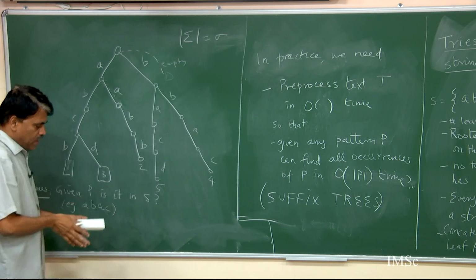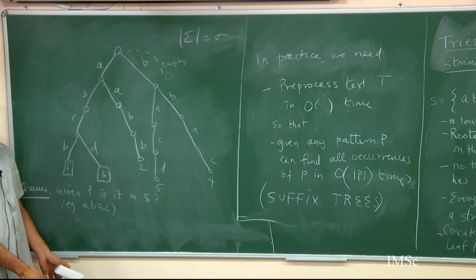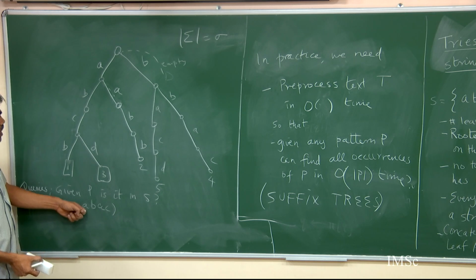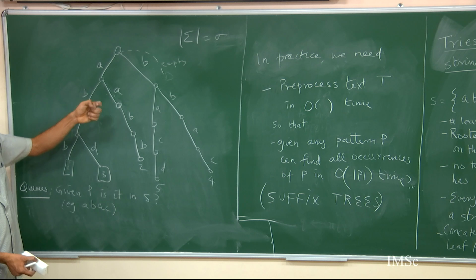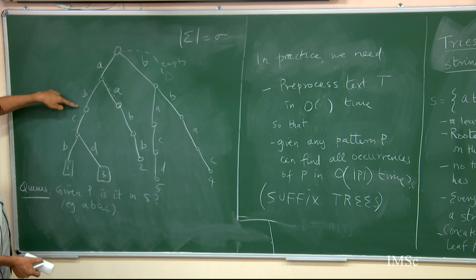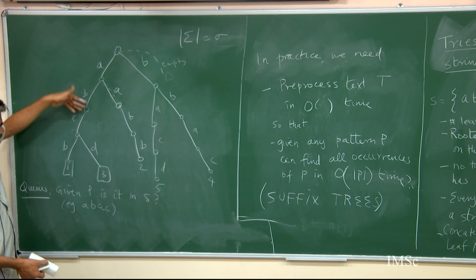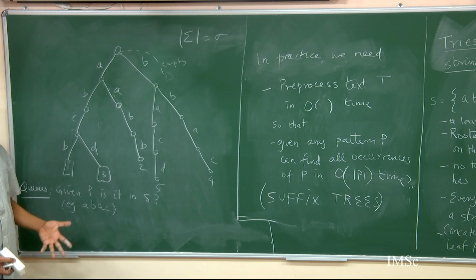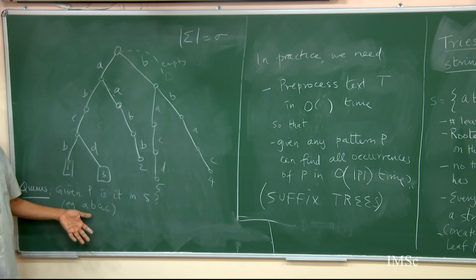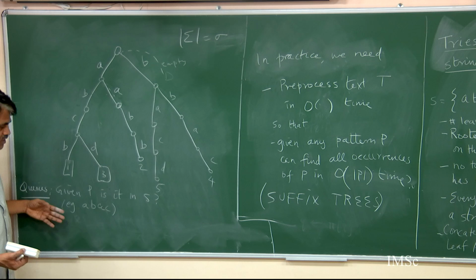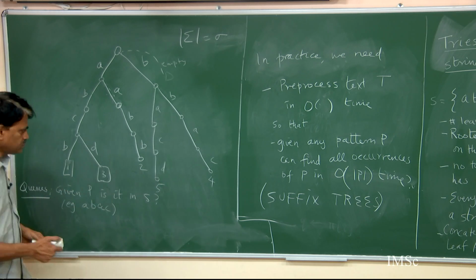Then I should be able to just go to my child labeled A if it is there at all. So I go to child labeled A, and that has a bunch of children. I go to child labeled B, and then that has a bunch of children, but there is no child labeled A. So I know A, B, A, C is not there. And how much time do I spend? Proportional to the length of this pattern, right.